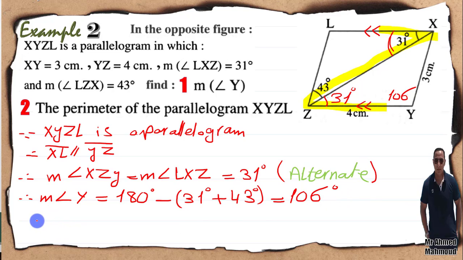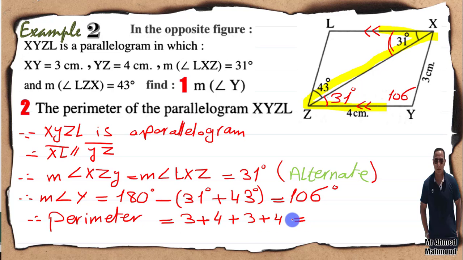Finally, the perimeter of XYZL equals 3 plus 4 plus 3 plus 4, which equals 14 centimeters.